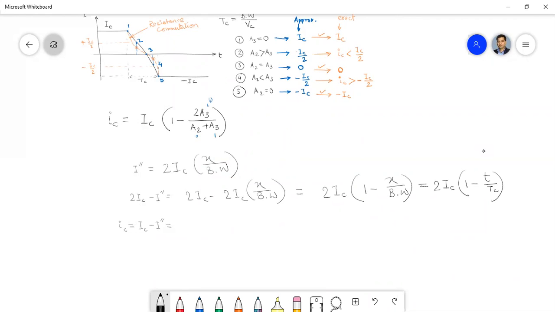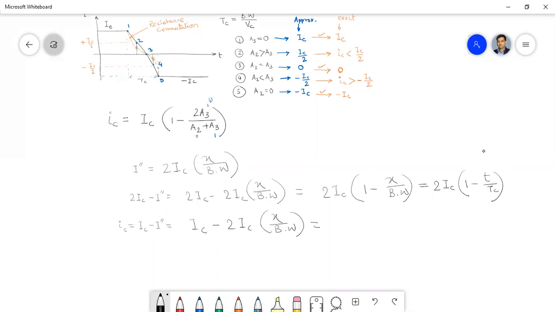Now, what is the value of this? This is IC minus 2IC. Is this okay? So then, what is the value of this?